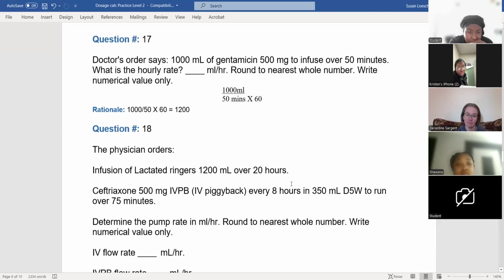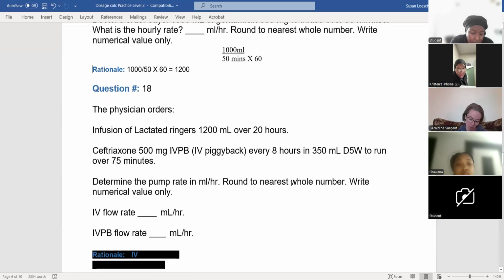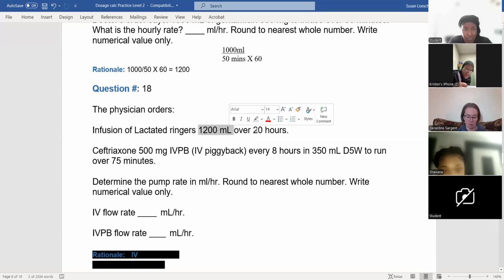So let's look at the next one. Okay, this requires two calculations. So the first one, you're running lactated ringers, 1,200 milliliters over 20 hours, and it wants to know what your pump rate will be in mLs per hour. So do that calculation first. And here you got it nice because look, you have mLs and you have hours.